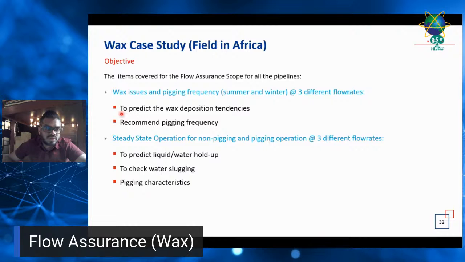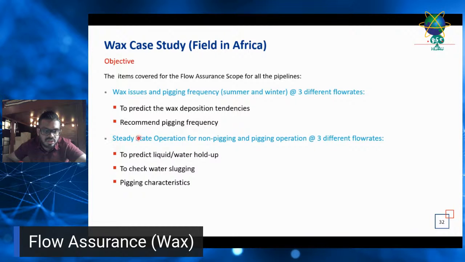So the objective would be to predict the wax deposition tendencies at 3 different flow rates for 3 different pipelines, and recommend the pigging frequency for all 3 pipelines.